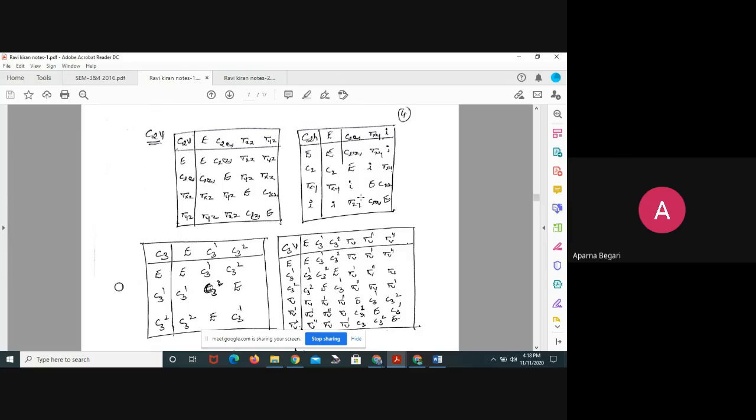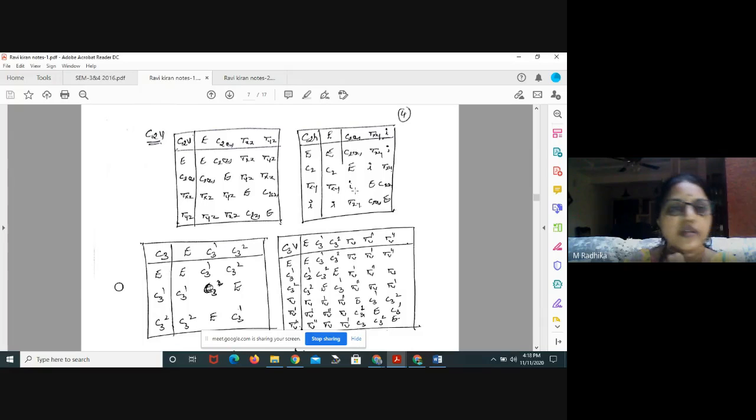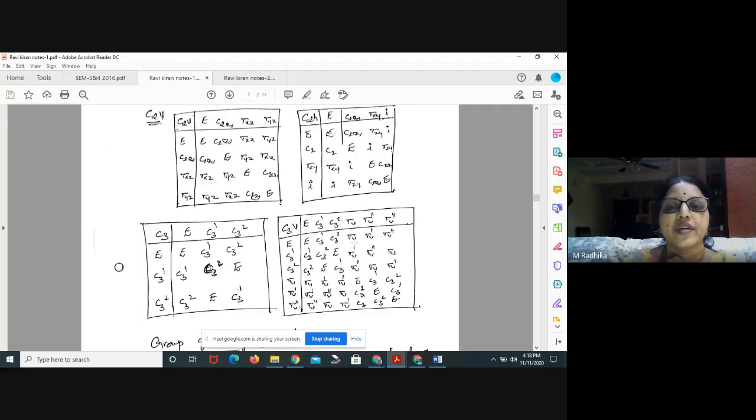We will do it, ma'am. Okay, you'll do it. It is available in the text. You will get the multiplication table for any group. But once you come to the larger groups, it becomes a little bit difficult. You should take the example, rotate and imagine, and then write.